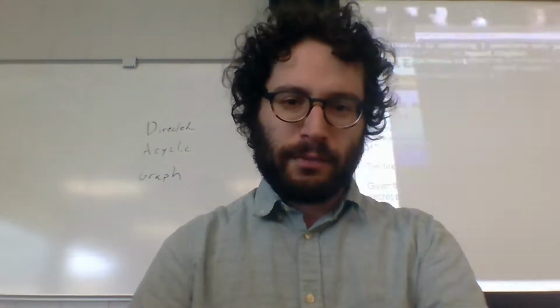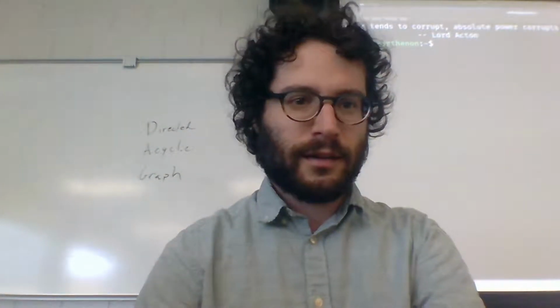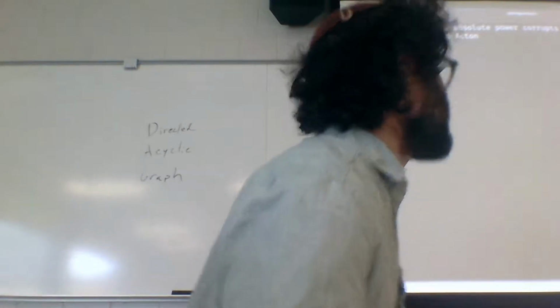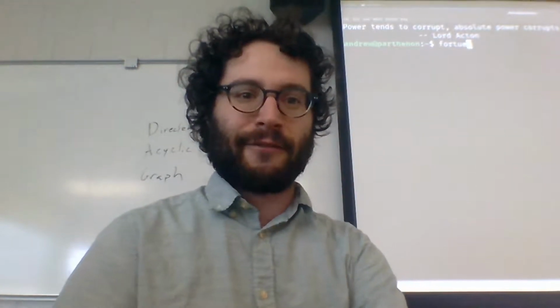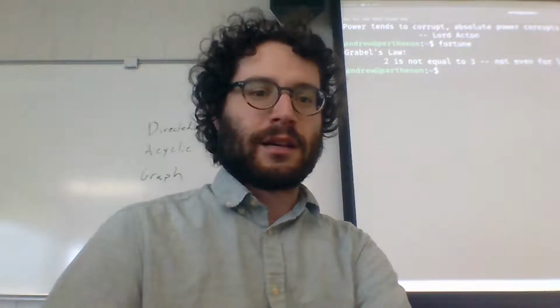Wow, it's really going for the inappropriate fortunes today. So there we go. In case you're wondering, the text that you get over here is completely random, coming from the fortune command that I have in my shell script. So basically, when I boot up my shell script, it comes up with a fortune command.